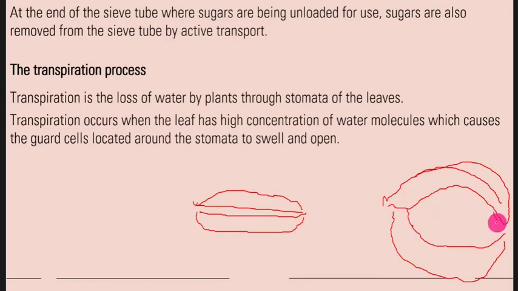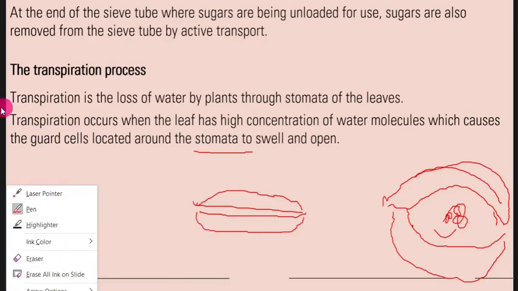When it swells like that, it will leave an opening here. This opening here is what we call the stomata, and this is the part through which the water vapor comes out. And this is why we are saying that transpiration occurs when the leaf has a high concentration of water molecules, which causes the guard cells located around the stomata to swell and open.